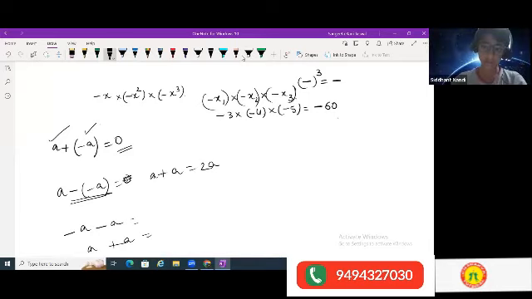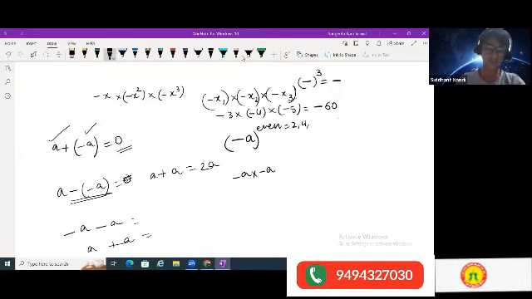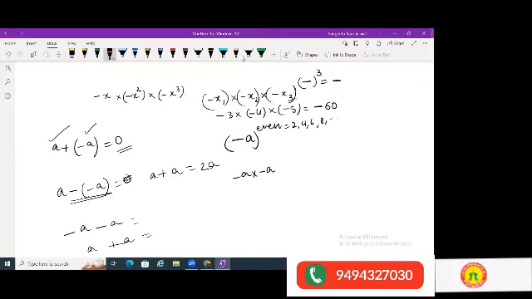Yes, ma'am. This is that when your negative sign, negative of A, has some even power, okay? Even power means when the negative A is multiplied an even number of times. If it is multiplied 2 times, 2 is an even number, okay? 4, 6, 8, and so on. If it is an even number, you will get your answer to be positive. So minus A into minus A will be positive.